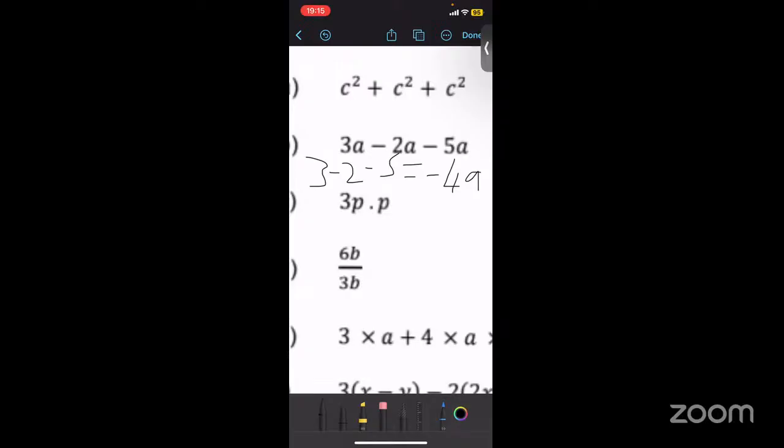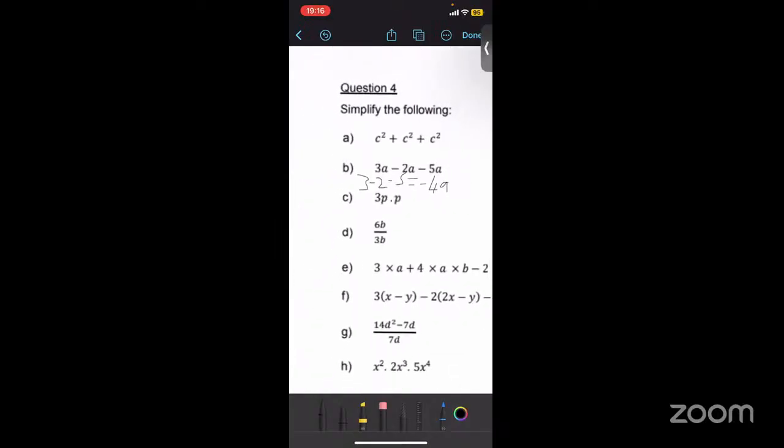No question. Okay, that's good. Let's move to letter C. We have C that says 3P multiplied by P. 3P multiplied by P. Manahil, wanna hop on that? 3p multiplied by p equals 3p to the power of 2.